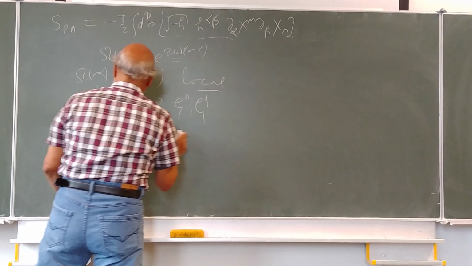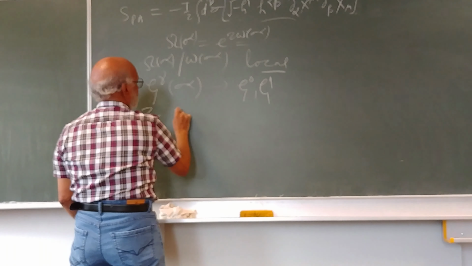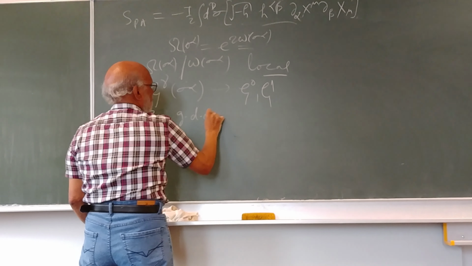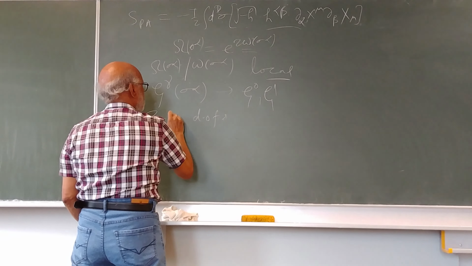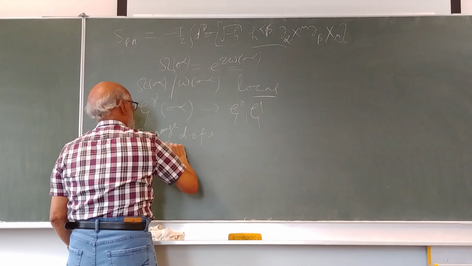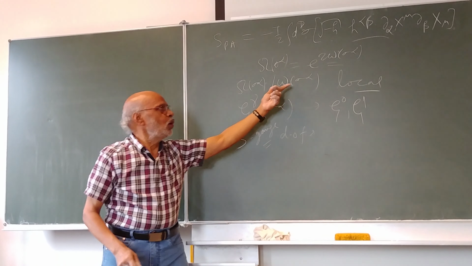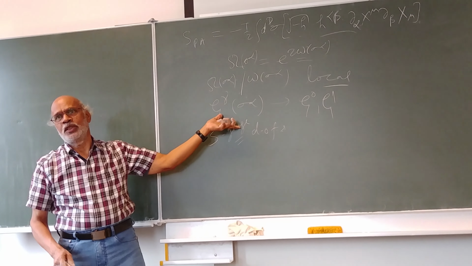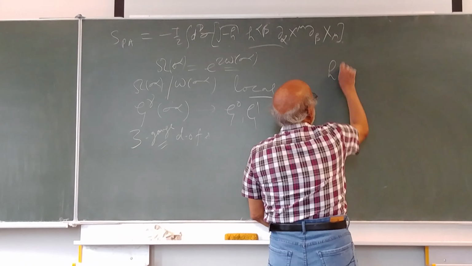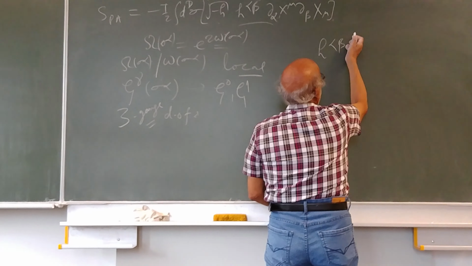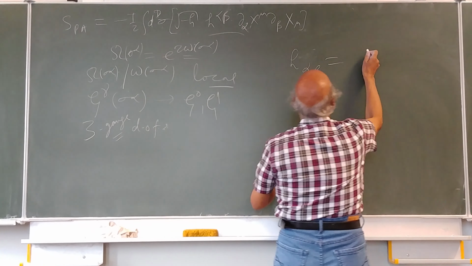So altogether we have three gauge degrees of freedom, one corresponding to omega and two corresponding to zeta. And this is what we have made use of in fixing up h alpha beta.